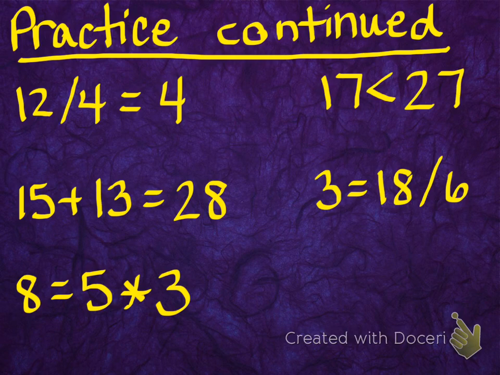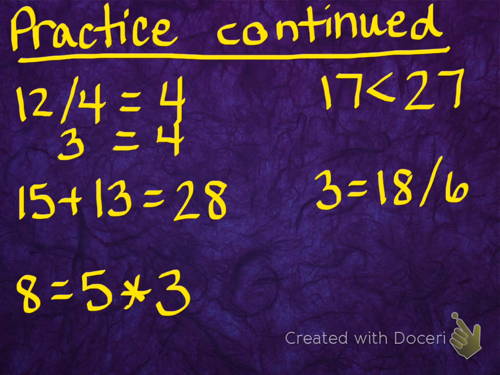Let's take a look. We've got 5 other number sentences to look at here. So if I have 12 divided by 4 on my left side equals 4, what is 12 divided by 4? Or think of it like multiplication. 4 times what equals 12? Well, I don't know about you, but I get 3 on this side equals 4.